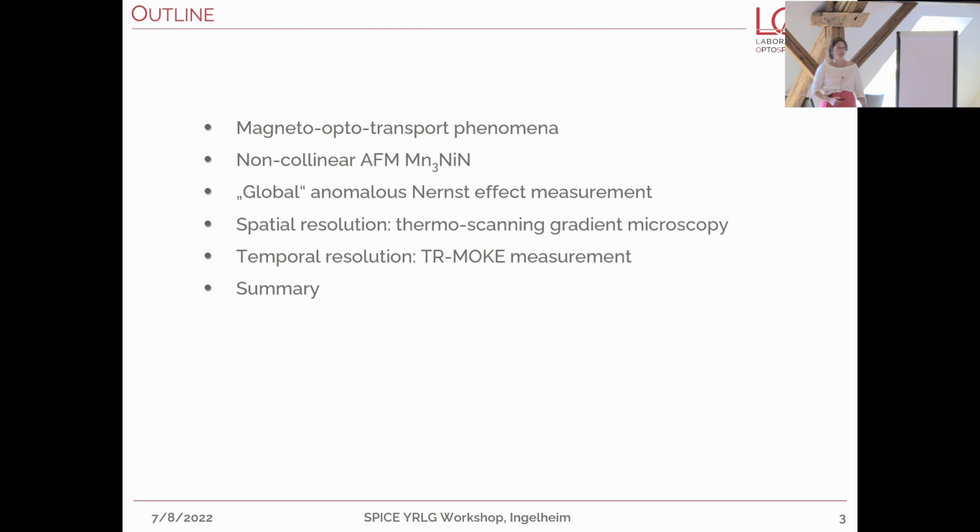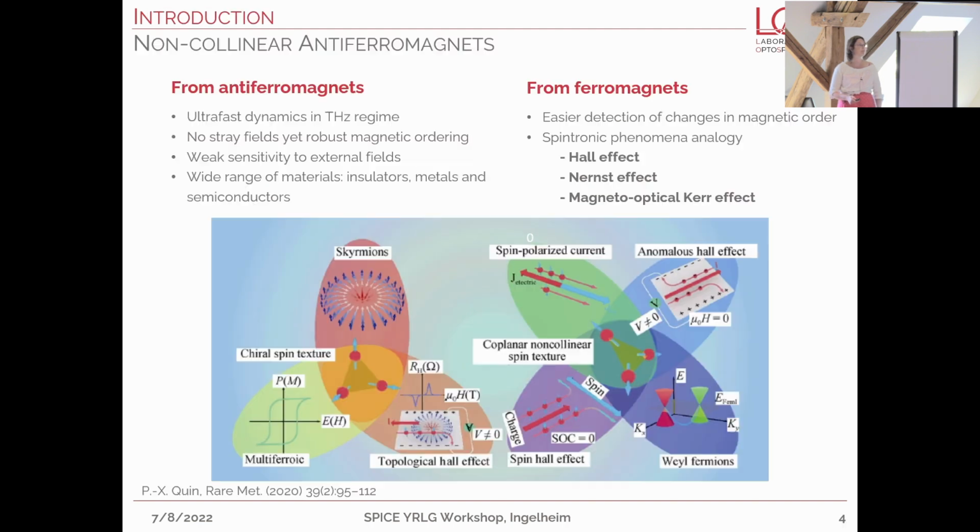And in the end, if time allows, I will tell you a bit about our starting experiments on time-resolved MOKE in the manganese-3 nickel nitride. Most of these results are yet unpublished, so just allow me not to draw many conclusions out of them. I just want to share what we have done so far.